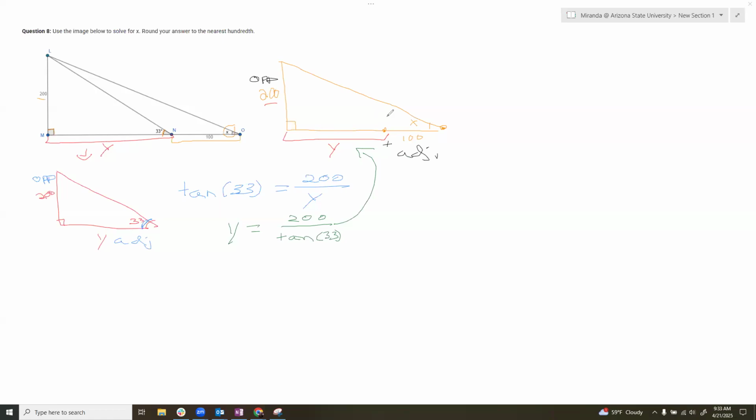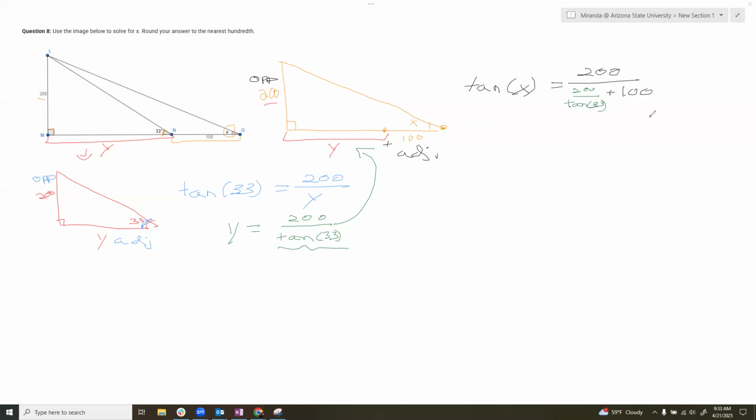We now know two sides of our triangle, so we can find that angle measure using trigonometry. Because we're dealing with opposite and adjacent, we're still thinking about the tangent function. So the tangent of our angle, labeled x, is equal to the opposite side of 200 over the adjacent side. Remember, the adjacent side isn't just the 100, but the 100 plus that extra piece we found, 200 divided by the tangent of 33.